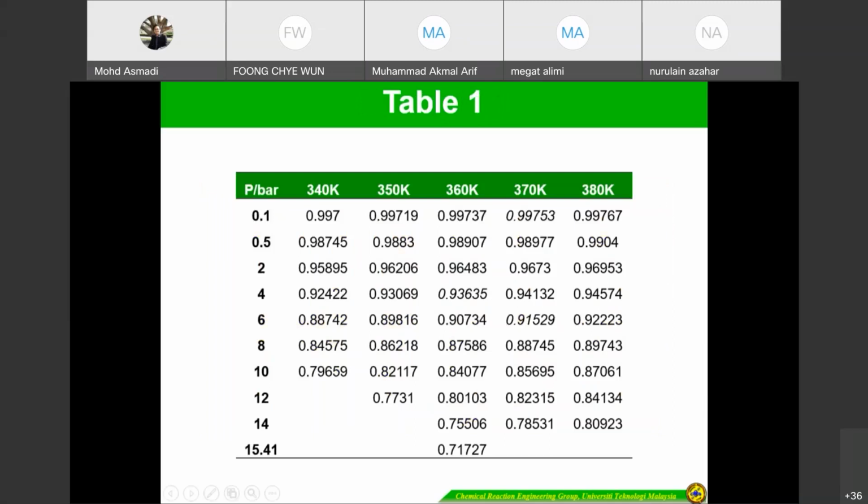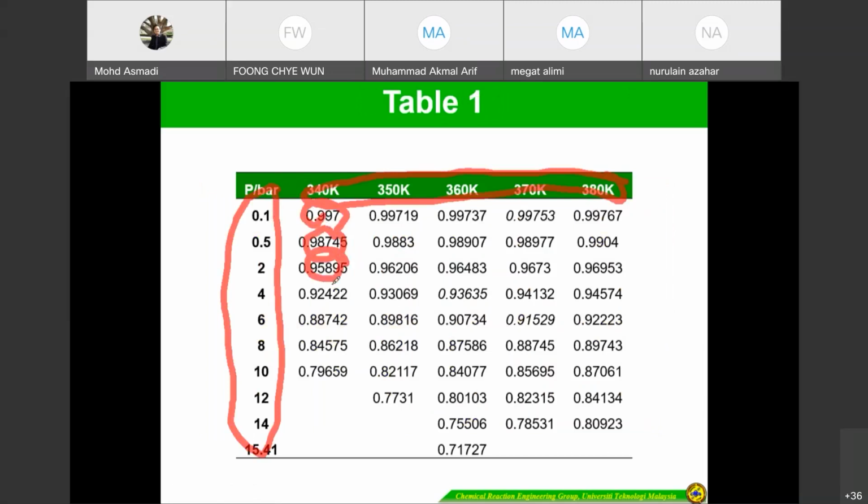If you look at here, various temperature and also pressure. So this is the value of Z, compressibility factor, at different temperature and pressure. You have to remember that. This one is 300 Kelvin, 360, 370, 380.